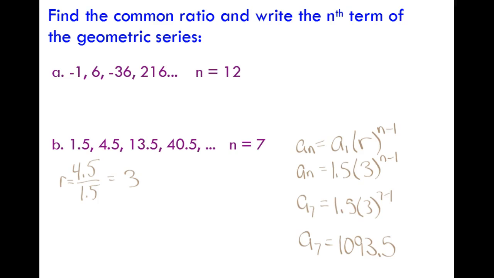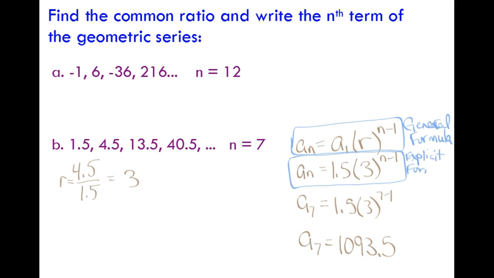So just so we know, because we write this in a series of these 4 things I have here, I just want to make sure people understand the parts that are important. This is just the general formula. So we'll call that the general formula for any geometric sequence. This is the explicit formula for this sequence.